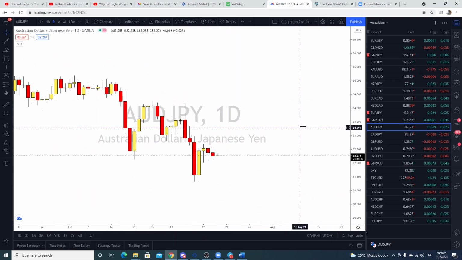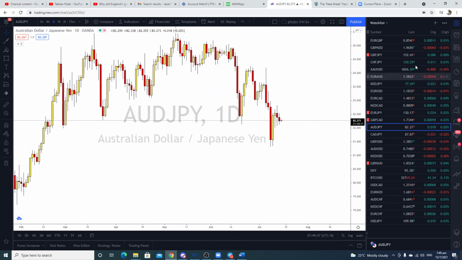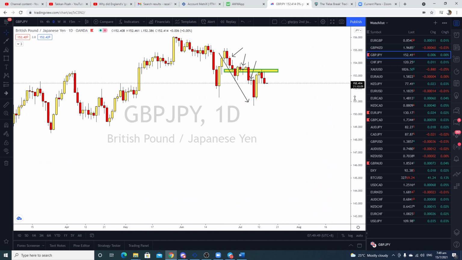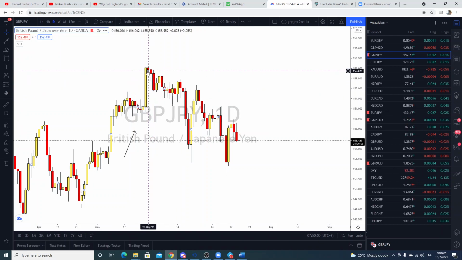For example, right here, look at this one. I'm going to go to GJ. GJ is good. Look at how the market respects the base. This is the uptrend here, and after this uptrend, price makes a drop, and then makes a base and drops.